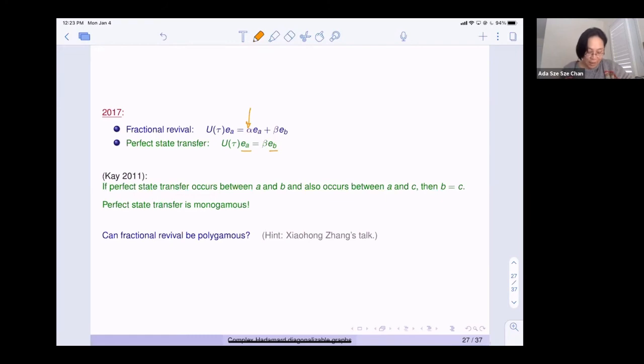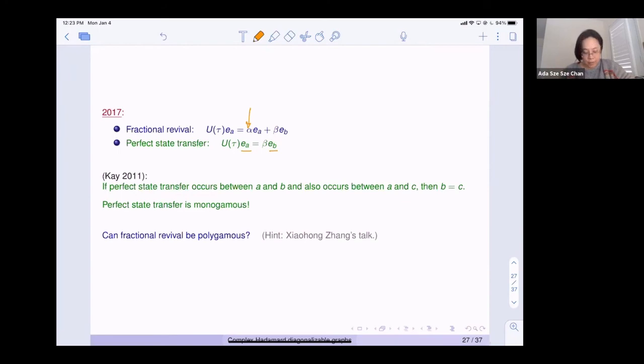It was a fun time. One of the questions that Tino raised is that we know perfect state transfer is monogamous, meaning that if a graph has perfect state transfer from a vertex A to another vertex B, then A would not be able to have perfect state transfer to a different vertex.